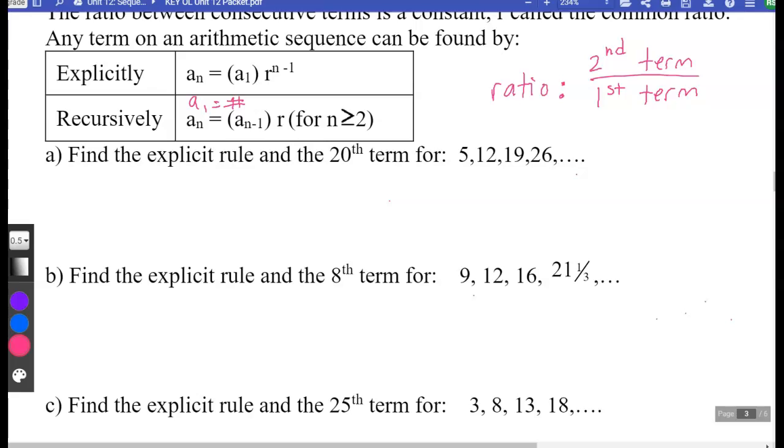We are adding 7 each time. Exactly. Good. 5 plus 7 is 12. 12 plus 7 is 19. So, because we're adding to get to the next one, this is an arithmetic sequence.